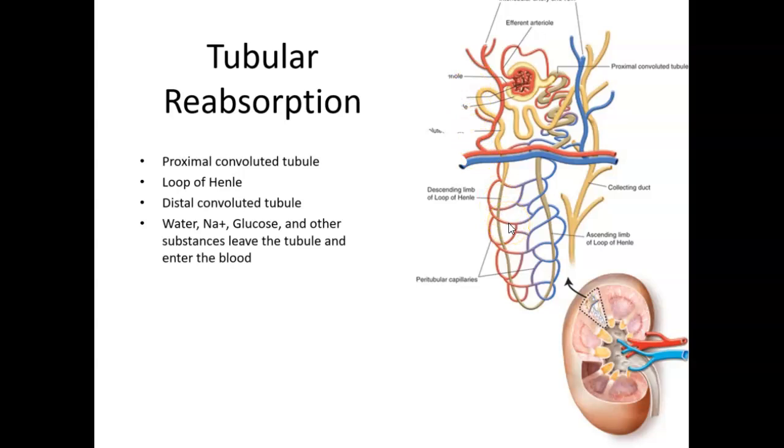And again, I don't really care that you know the anatomy too much, but just understand that after that first primary filtration process, you have this reabsorption period where water, sodium, glucose, and some other substances are going to leave those tubules and re-enter the blood.